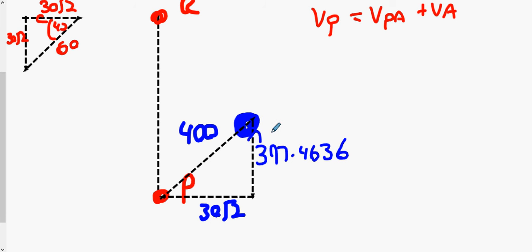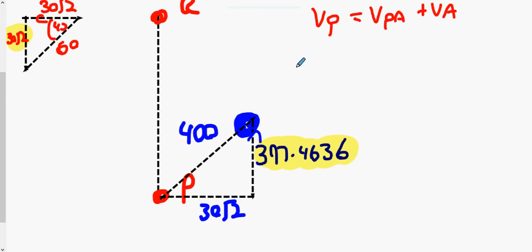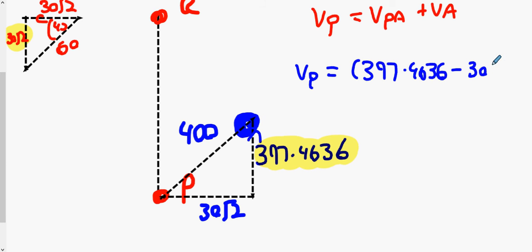But what else do I have to take into consideration? Does the wind going up and down work against you or work with you? The wind works against that, doesn't it? So your actual velocity of your plane is going to be 397.4636 take away 30 root 2, isn't it?